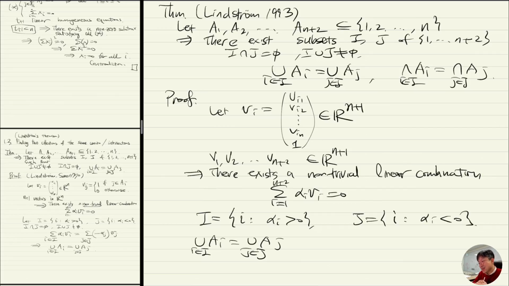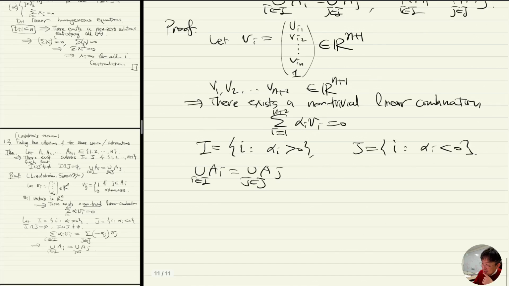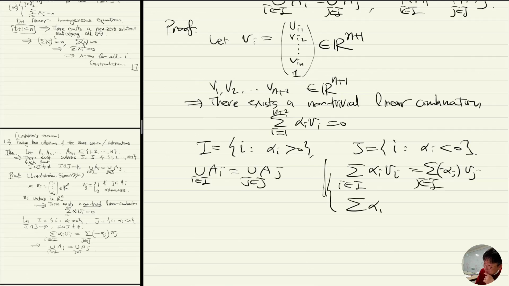That's easy. But how do we see the intersection part? Now what we know is that the sum of alpha i vi, where i is in I, is equal to the sum of minus alpha j vj, and the sum of alpha i is equal to the sum of minus alpha j.